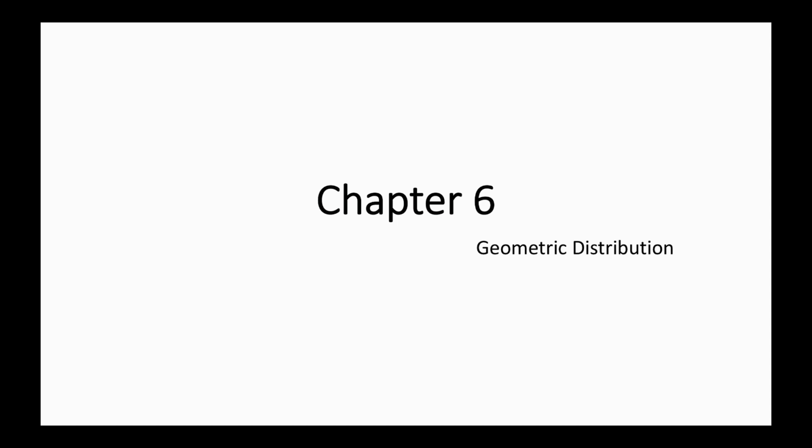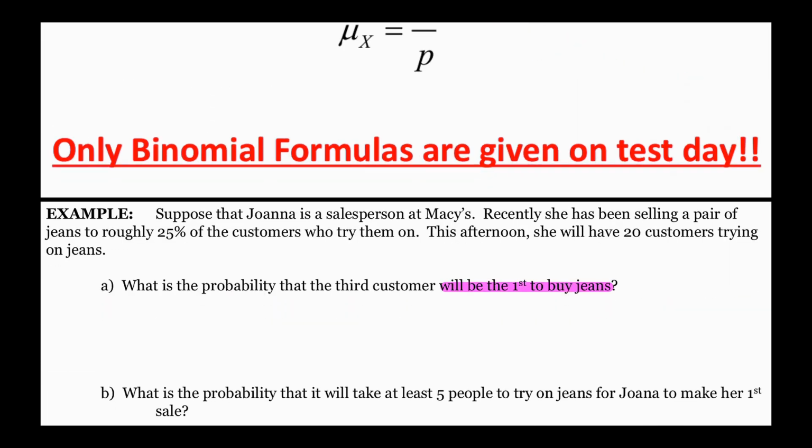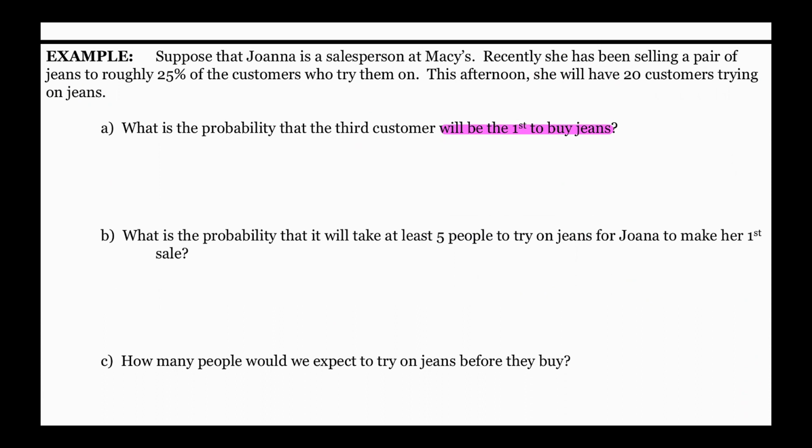So on the test, I'm not going to tell you, is it geometric? Is it binomial? You have to figure it out on your own. So I'm trying to give you some hints as to why it's geometric.